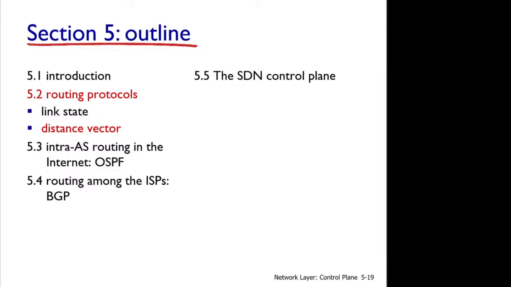It's iterative, so it shares that property with link state, except in this case the iterations involve messages being sent to the neighbors in each iteration. It's asynchronous, so it doesn't have to happen in a timed way.